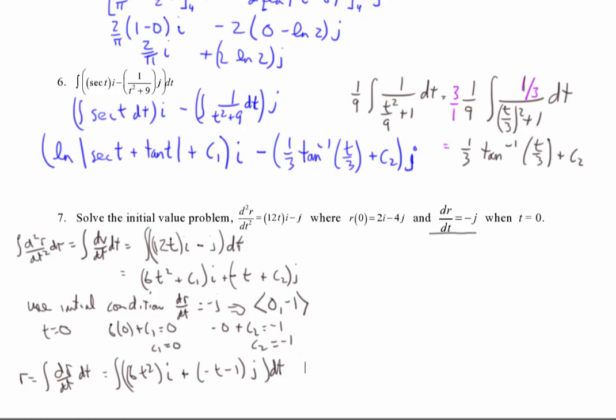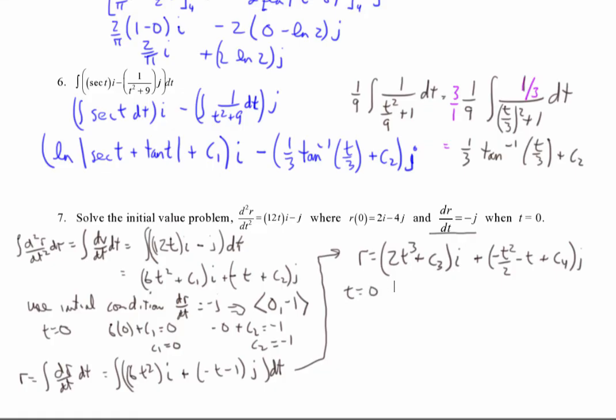Integrate each piece again, so we'll have r equals 2t cubed plus c3 i. Remember, we're going to keep on using different constants because they are different constant names. So negative t squared over 2 minus t plus c sub 4 j.